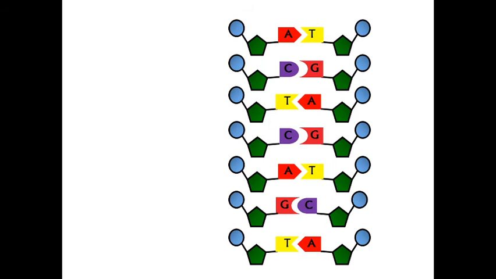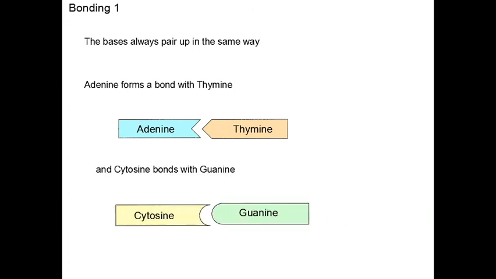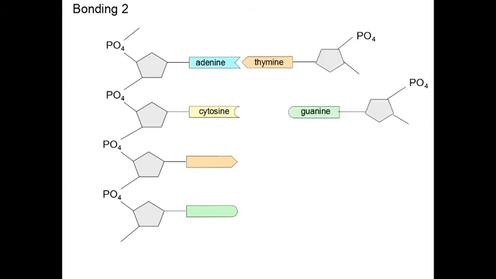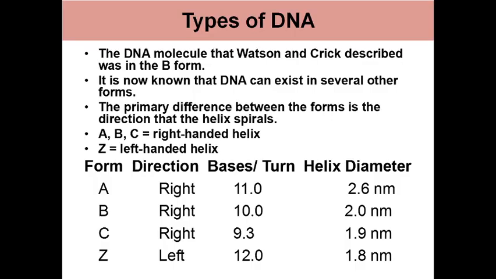Both strands of the DNA double helix are not identical in base sequence, hence they are complementary to each other in base pairing. Adenine will form a bond with thymine, guanine will form a bond with cytosine. This is how the DNA structure will be built.